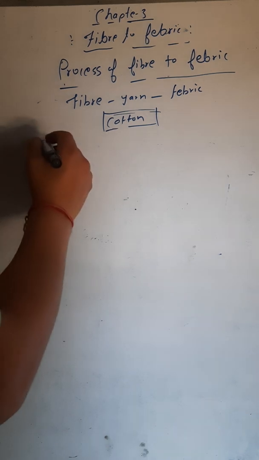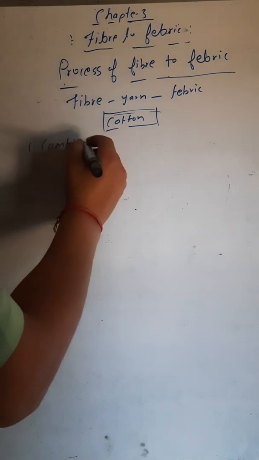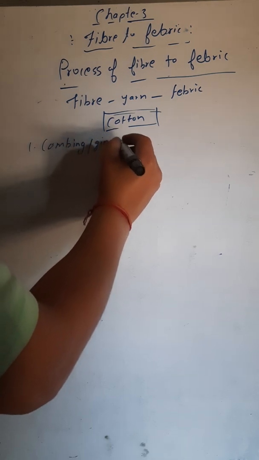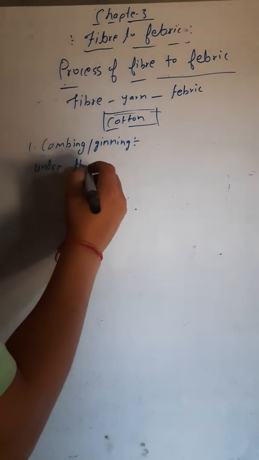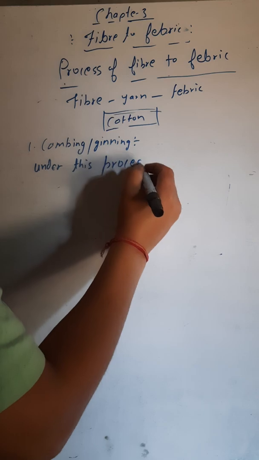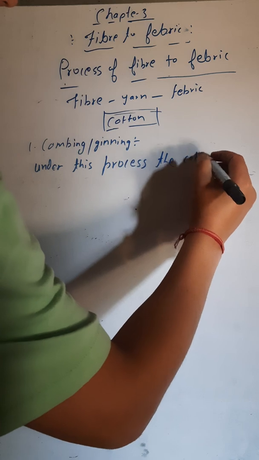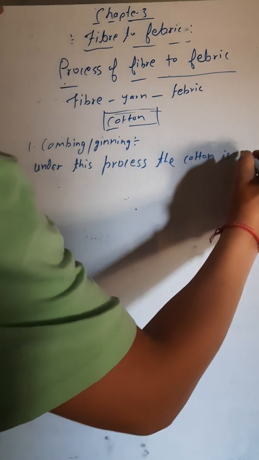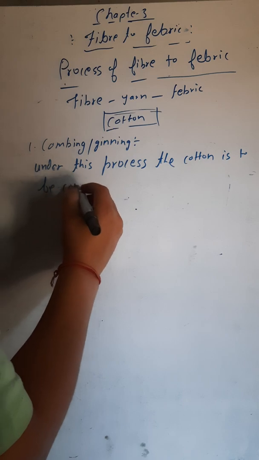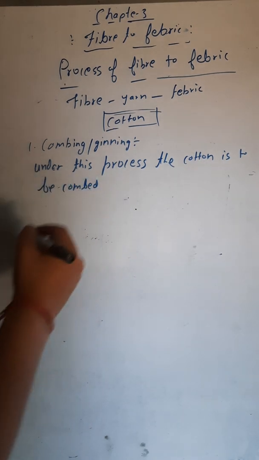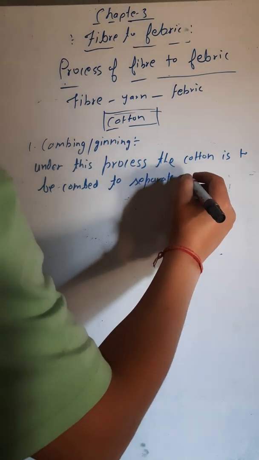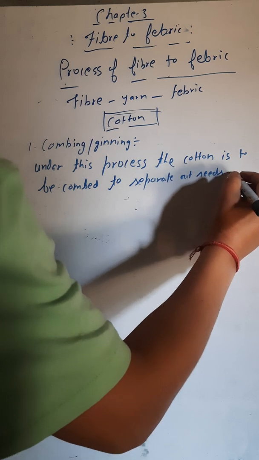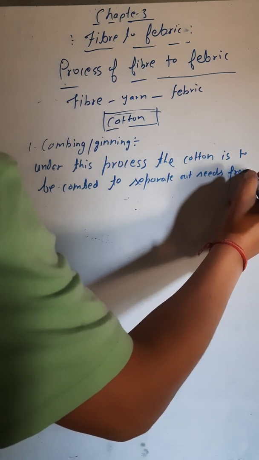Okay, so the first is the process of combing, also known as ginning. So under this process, here I am writing, the cotton is to be combed to separate out seeds from it.